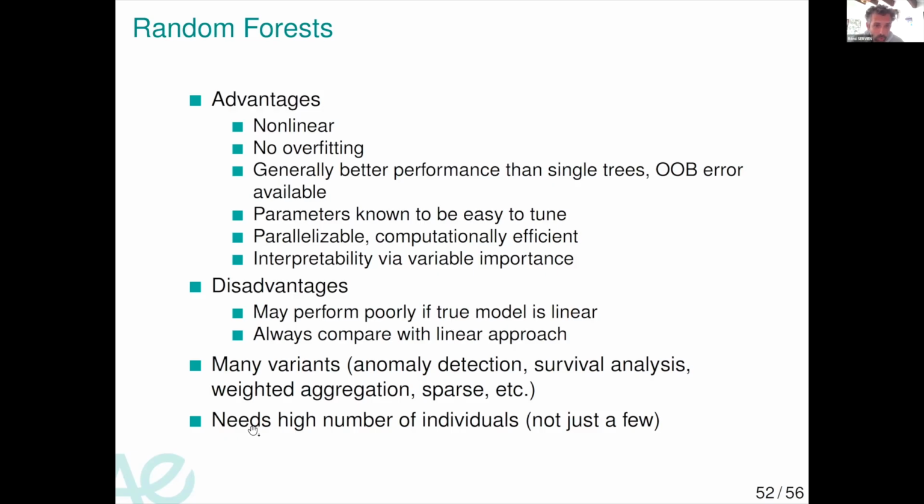And one of the drawbacks of random forest, as with every machine learning approach, is that it needs a high number of individuals, and usually more than a linear approach.